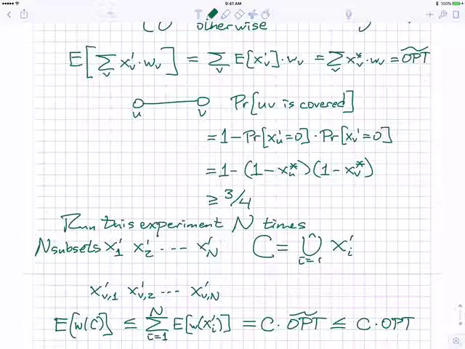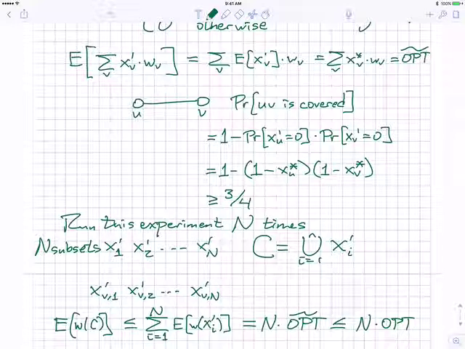All right? So if I run this experiment multiple times, the expected size of the set of vertices that I get is at most, sorry, that shouldn't be C, that should be N, the number of experiments times the optimum value. So if I can somehow upper bound the number of times I run the experiment, the number of times I run the experiment is the approximation ratio.